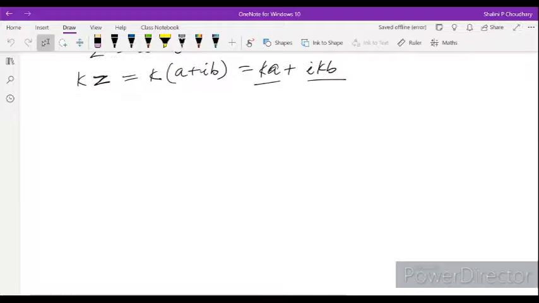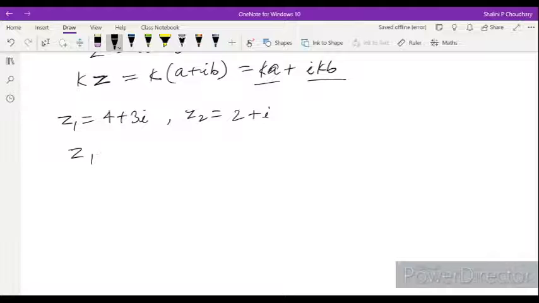If we have a question, z1 is equal to 4 plus 3i and z2 is equal to 2 plus i, then what will be the value of z1 minus z2? We can write directly 4 minus 2 and i into 3 minus 1, but simply we write 4 plus 3i, and this one is minus, because here we have z1 minus z2, so minus 2 plus i.